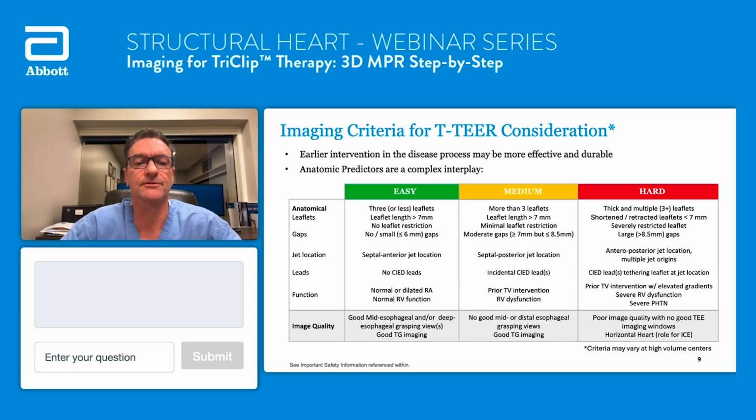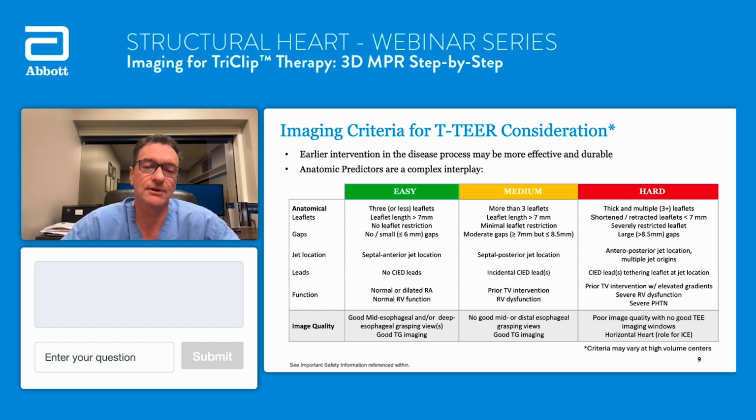So just to quickly review the easiest cases: the leaflets are classically three identifiable cusps. Lengths are greater than 7 millimeters where you want to deploy the TriClip. Gaps are relatively small, less than 6 millimeters. Ideally, a septal anterior target, so the greatest place for the TR is between the septal and anterior leaflets.